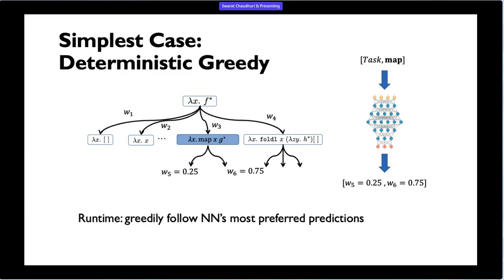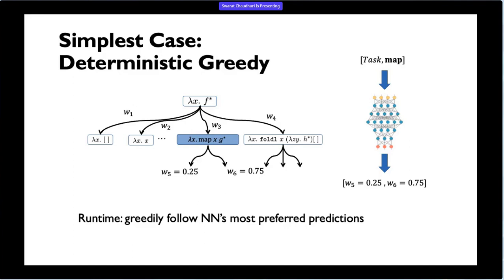If we have something like this, we can actually do just a greedy search. At every node, we can ask the neural network for the probabilities of each one of the possible successors of this node, and just constantly pick the most likely next step.